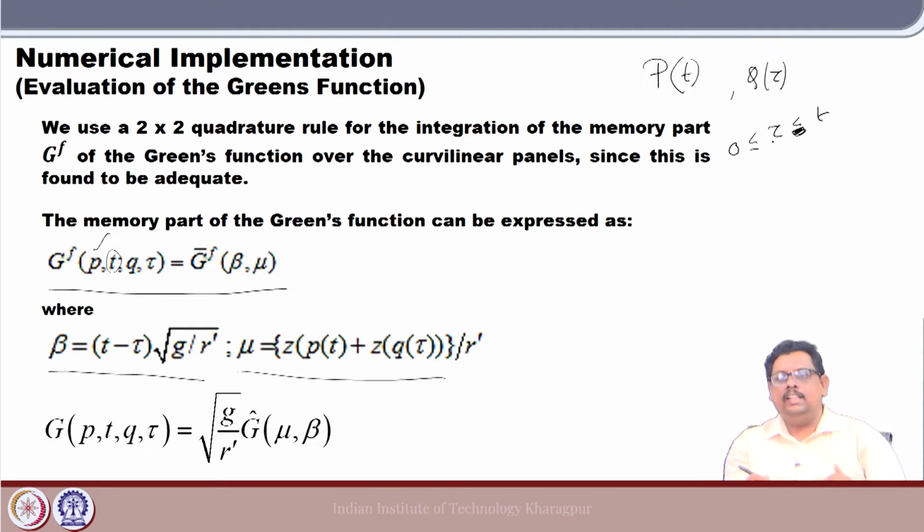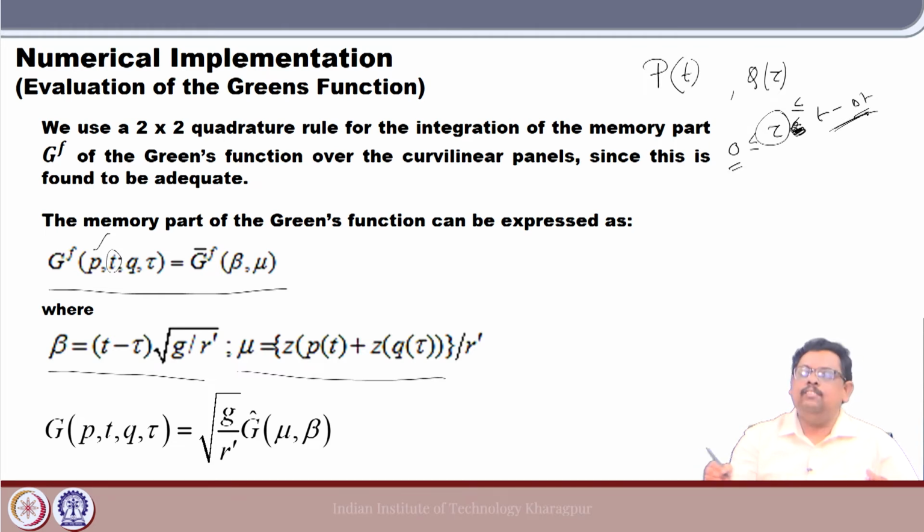It is strictly less than t, of course, it does not take the present time step, but actually it should be 0 to less than or equal to t minus delta t. So, this is the limit for tau. In that way I am considering the effect from 0 till t minus delta t seconds.